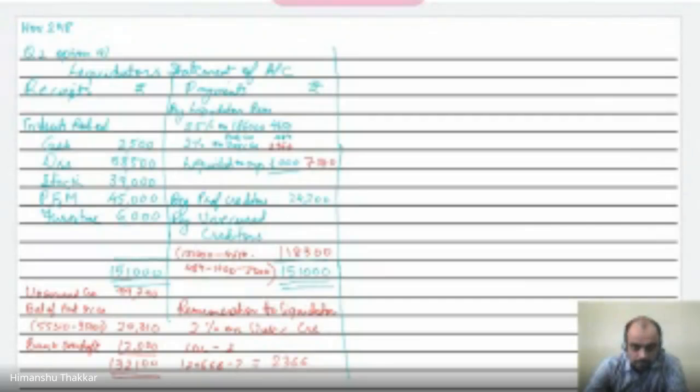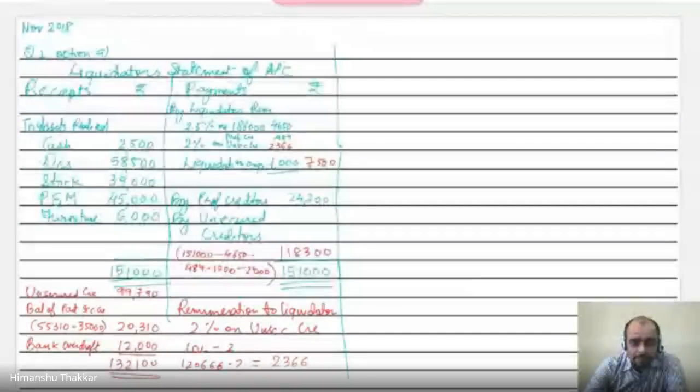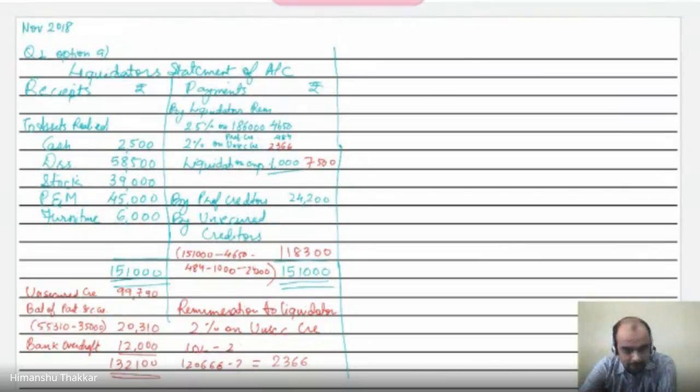Now, if you see question number 3, first option, in that you have to prepare realization account, 14% preference shareholders account, and equity shareholders account in the books of X Limited, and give opening entries in the books of Y Limited. Fine. Now in question 3, the option sum, you are required to close the books, prepare realization account, preference shareholders, equity, and pass journal entries in the books of P Limited. Assuming amalgamation was in the nature of purchase, you need to make a balance sheet.